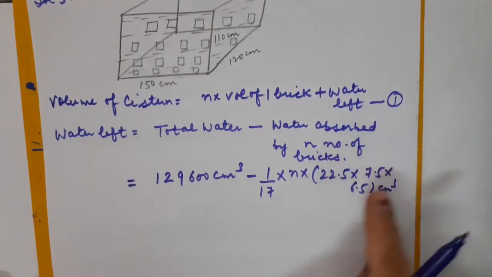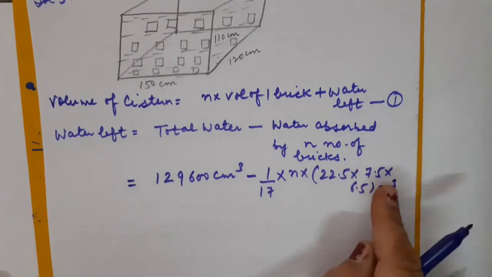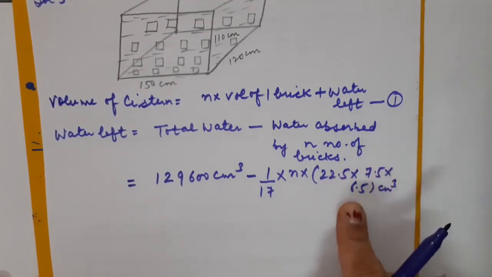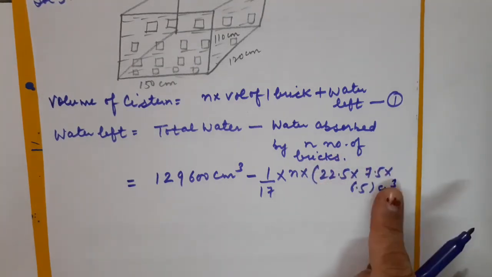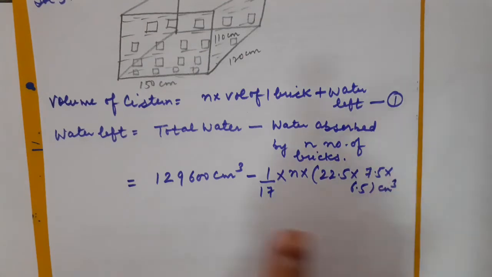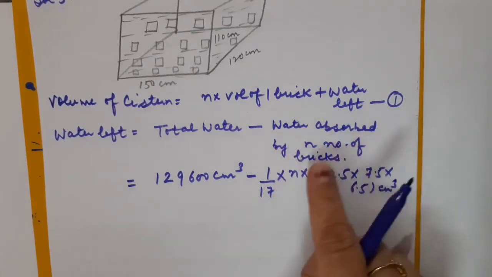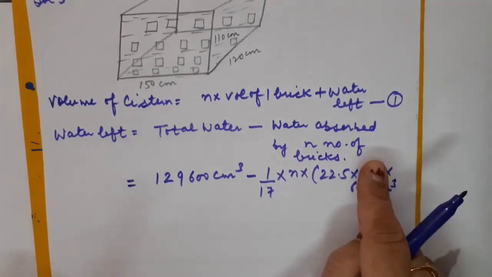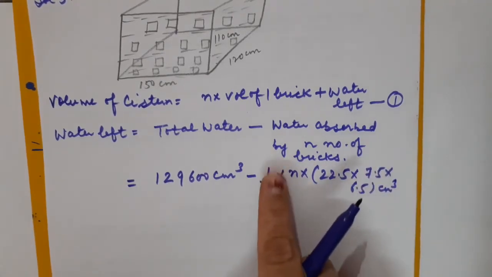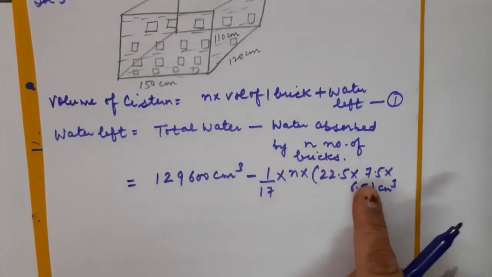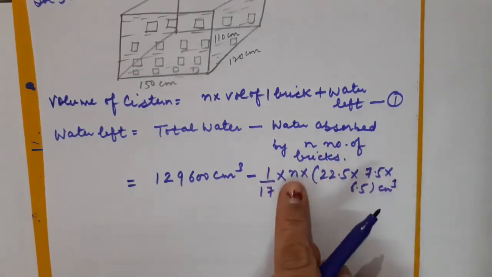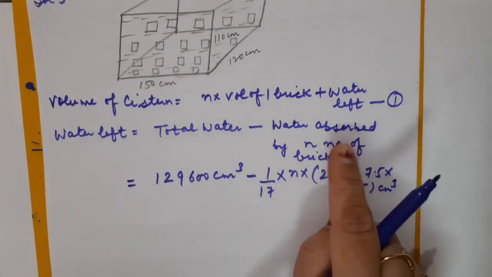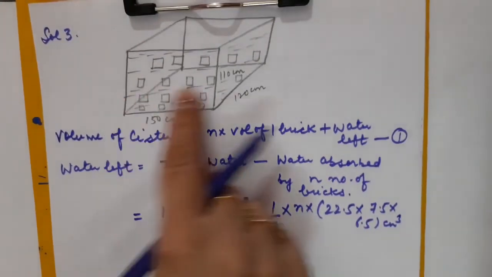These are the dimensions of one brick. This is length, this is breadth, this is height. Brick is also cuboidal in shape, so we have calculated the volume of one brick. Okay, as it is said in the question that water absorbed by n number of bricks, and each brick is going to absorb 1/17 of its own volume. This is 1/17 of the volume of the brick, and I am going to multiply it by n. Why? Because there are n number of bricks which are going to absorb the water of the system.